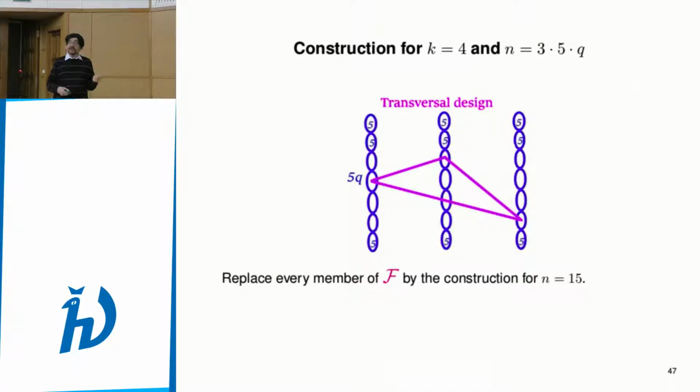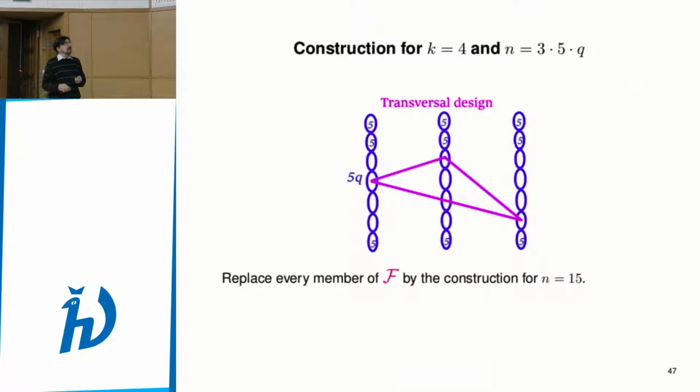And it's easy to see that every edge now in the real graph will be covered, because every edge is between these two somehow, and the transversal design has an edge between these two, and we plugged in our construction, it has an edge between any 2 points of this and this.